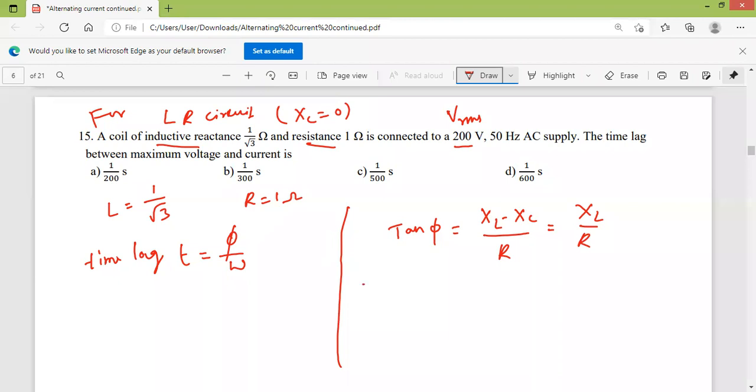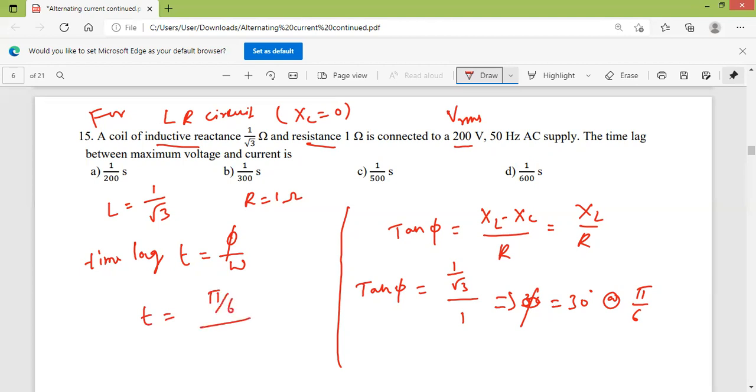So tan phi is equal to XL, 1 by root 3, divided by R, 1. Tan phi is equal to 1 by root 3, which means 30 degree. Phi is equal to 30 degree, or pi by 6. So now the time lag T is equal to pi by 6 divided by omega.